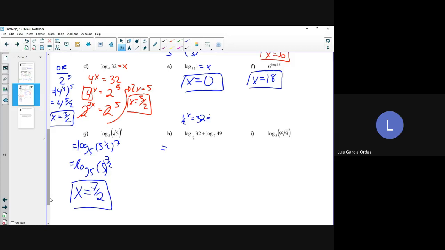So we know log base 1/2 of 32 is equal to -5.